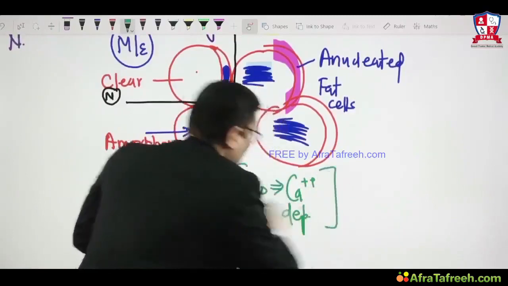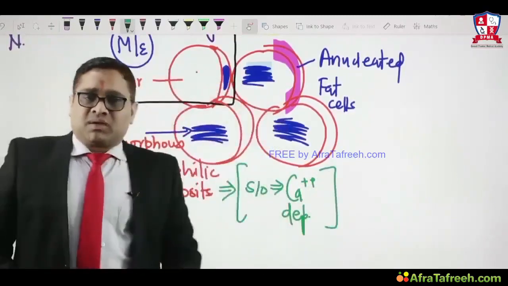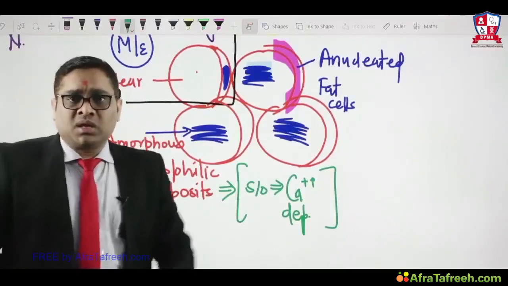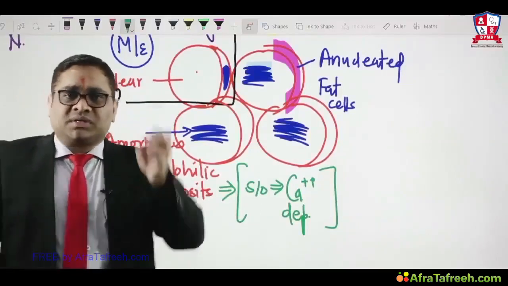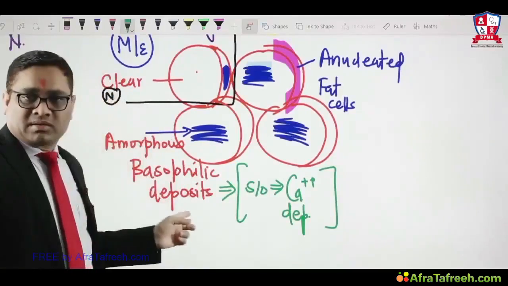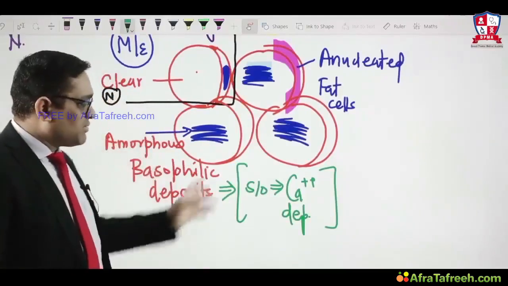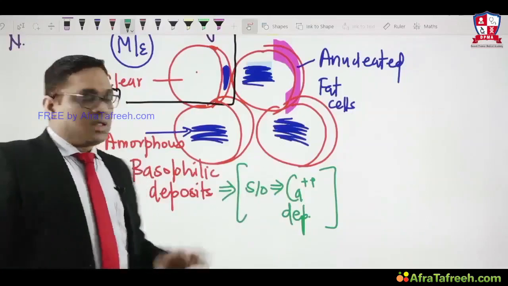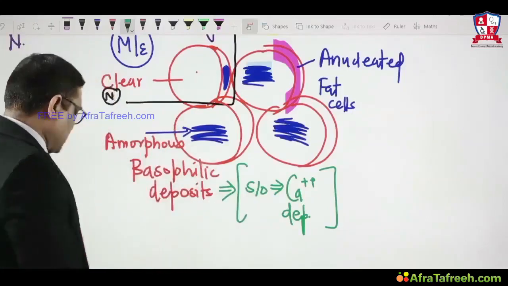So that is the important thing. We have to keep that in mind whenever we are reading pathology. When we are seeing an amorphous calcium deposit, it will always be blue in color. So an amorphous basophilic deposit will be suggestive of a calcium deposit. This is how we will identify fat necrosis.